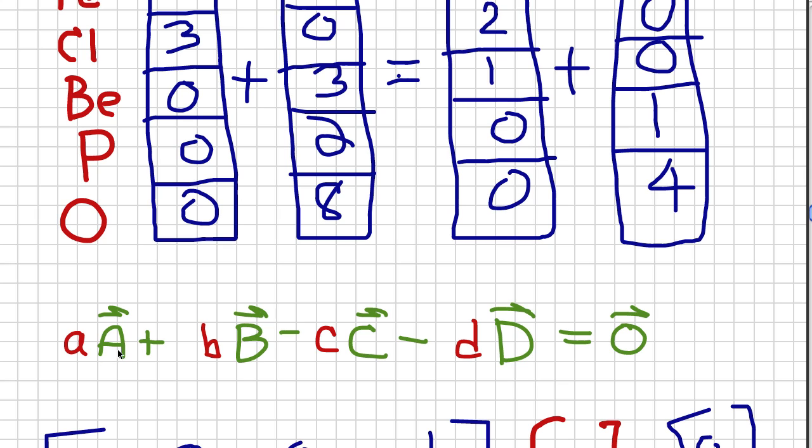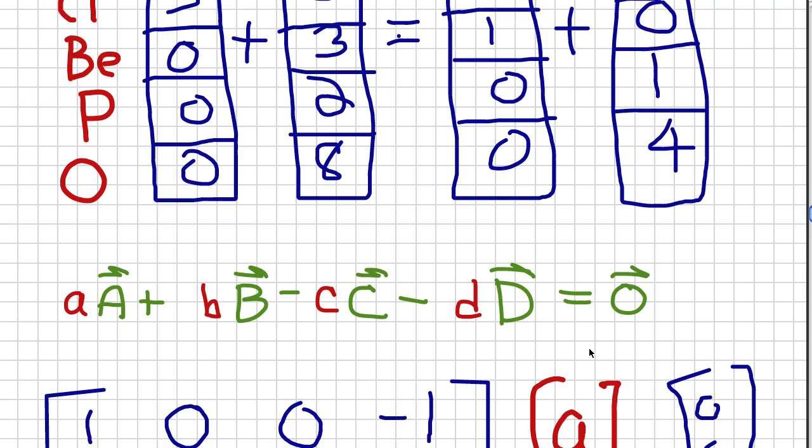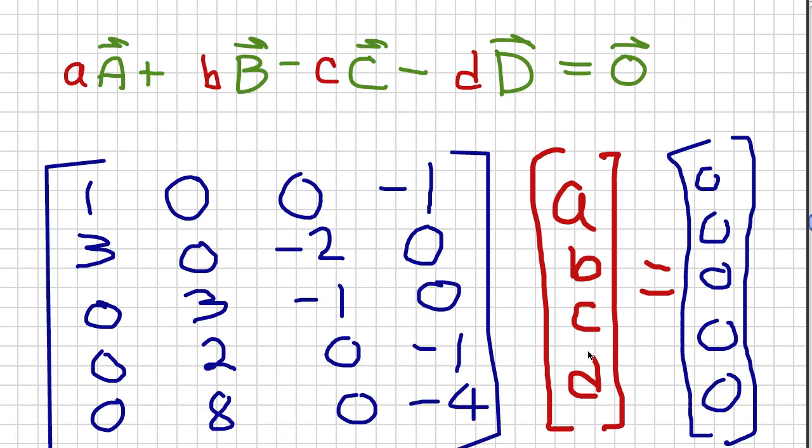Okay, A times compound A plus B times compound B minus C times compound C minus D times compound D is equal to 0. So algebraically, I can write that as shown right here.